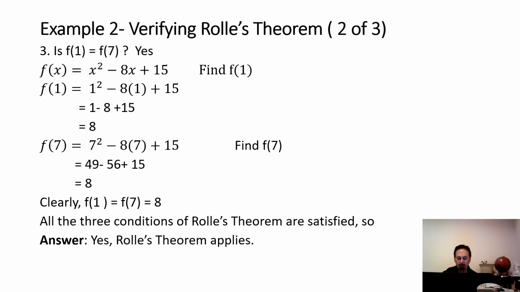So clearly f of 1 equals f of 7. We already verified the function is continuous on the closed interval, the function is differentiable on the open interval, and now f of 1 equals f of 7. So all three conditions of Rolle's theorem are satisfied. So we can say yes, Rolle's theorem applies.